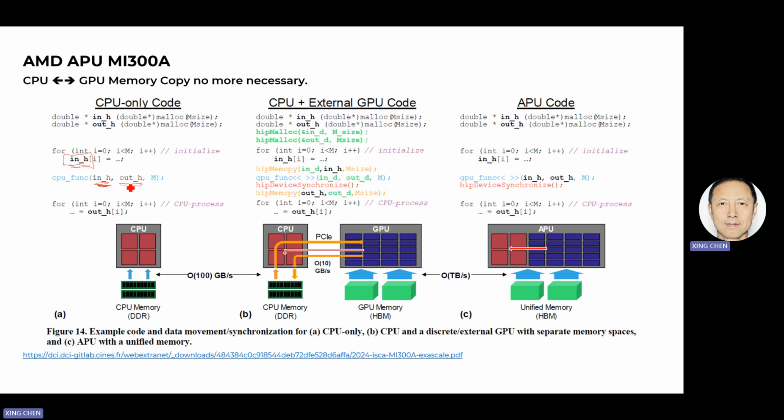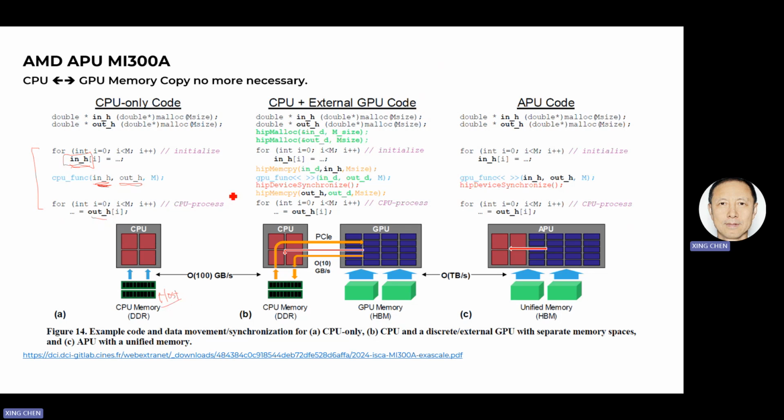Both the in and out variables will be in the host memory, and you can just work like this. You prepare the data and call the function to work on this data and give you the output. Later on, you can have another for loop to loop over the out variable, because in_h and out_h are in the host memory, so the CPU can work with them.